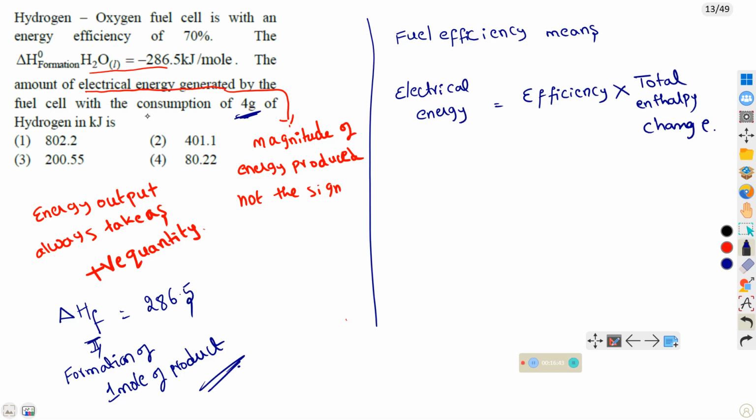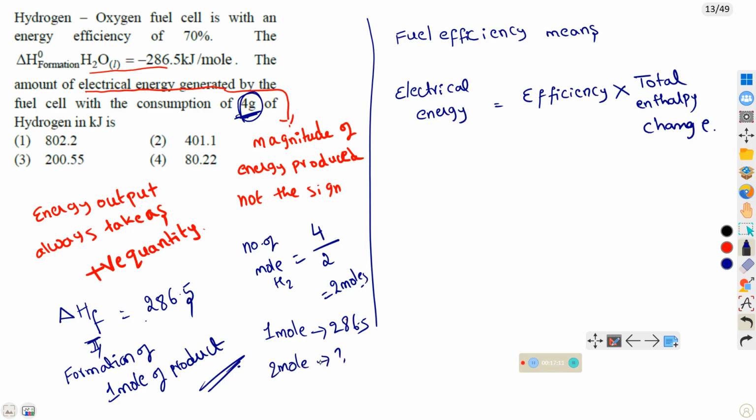But here the question is fuel cell with the consumption of 4 grams of hydrogen. How many moles of hydrogen are involved? Weight by molecular weight: 4 by molecular weight of hydrogen 2. That means 2 moles. 1 mole is 286.5, then 2 moles how much? Enthalpy of formation value is 2 into 286.5.